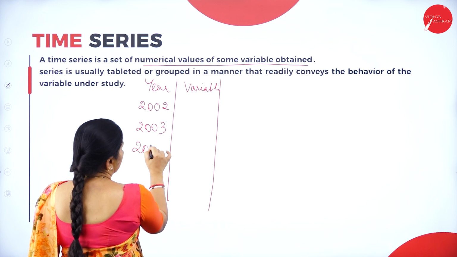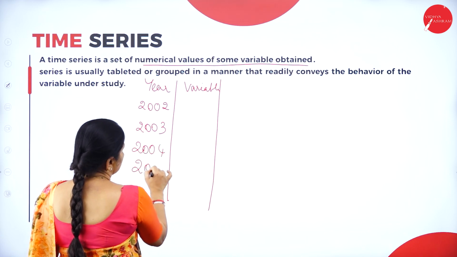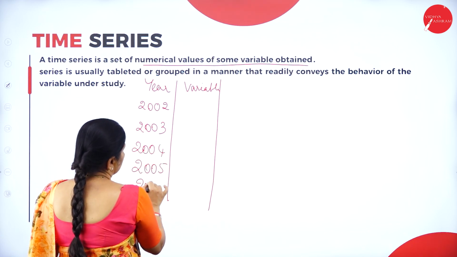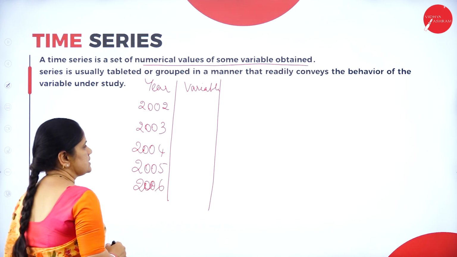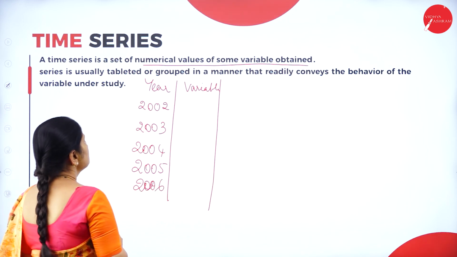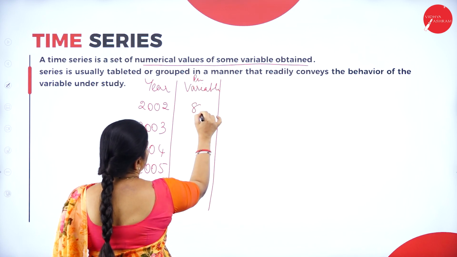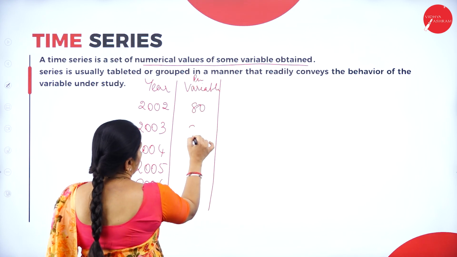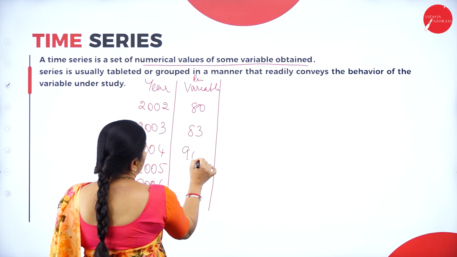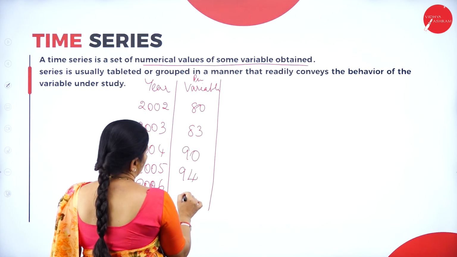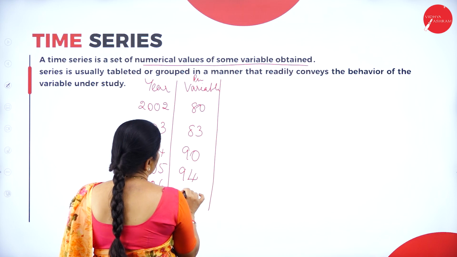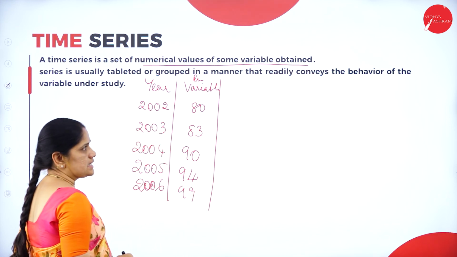So, we have the record of all the work which is done in the various years. And now the variable we have. So in this, suppose it is the production. So they have produced 80 tons, 83 tons, 90 tons, 94 tons, then 99 tons, etc.